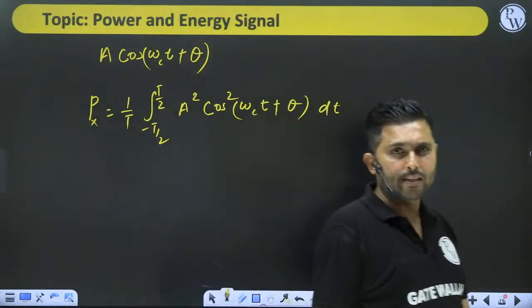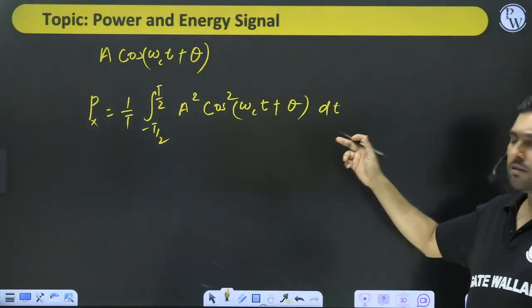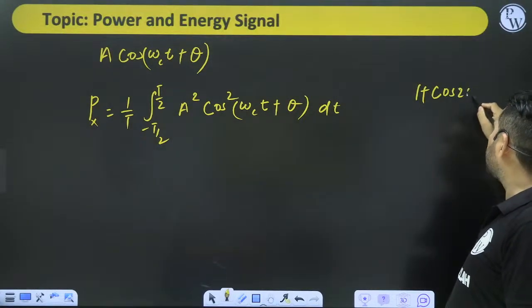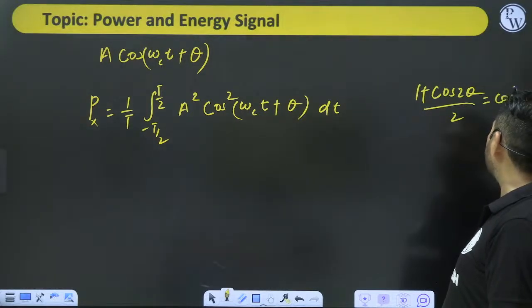What is cos square theta? 1 plus cos 2 theta by 2, I think so. Check it please. 1 plus cos 2 theta by 2 is my cos square theta.